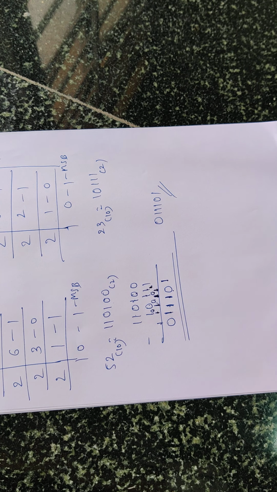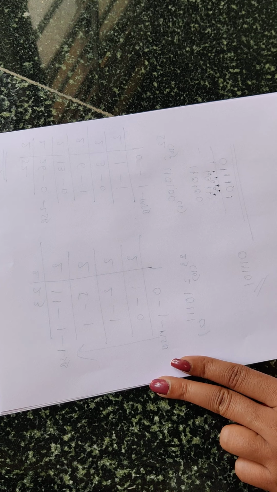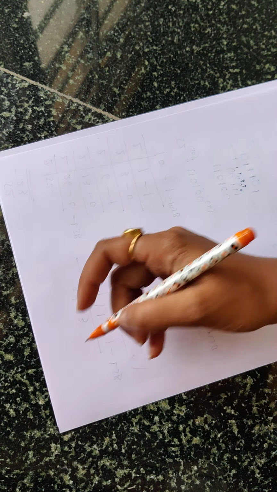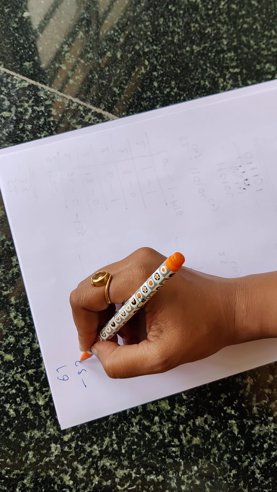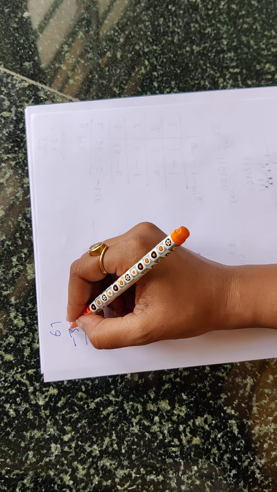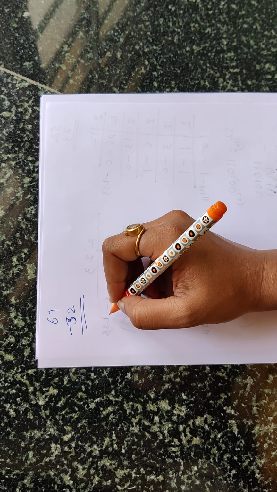Let me take one more example. So this time I'll take the example as 67 minus 32. So let me first convert 67 to binary and 32 to binary.